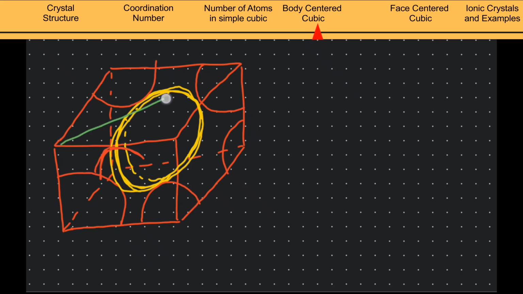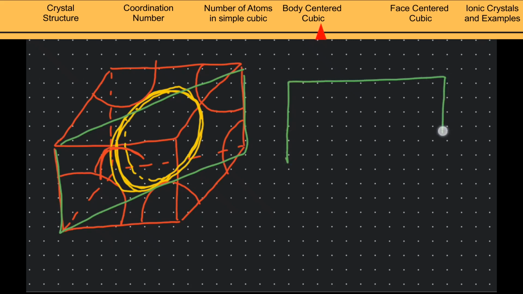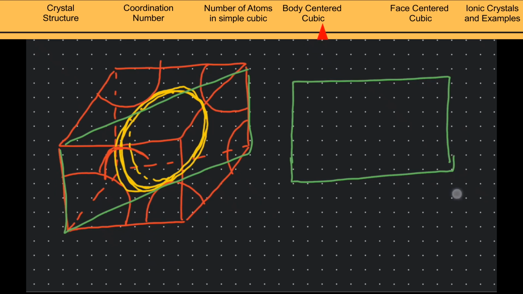So I want to look at this plane. So this plane is something like this. This is the central atom, and these are the corner atoms, 2 corner atoms. Okay, and we have one more here. We have one more here.